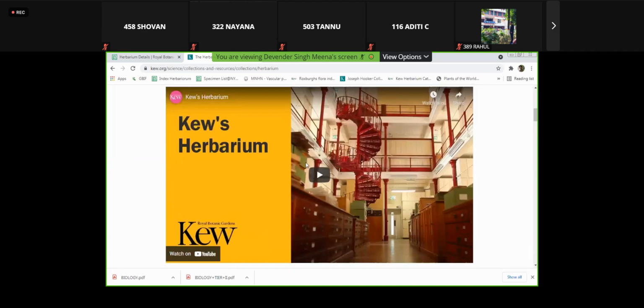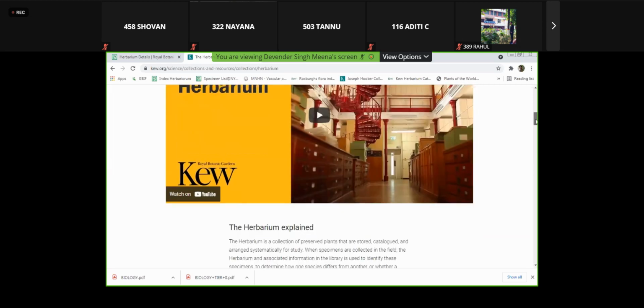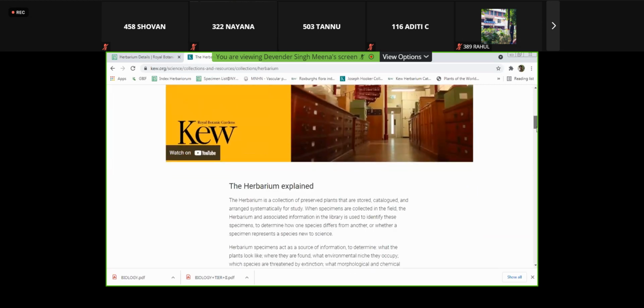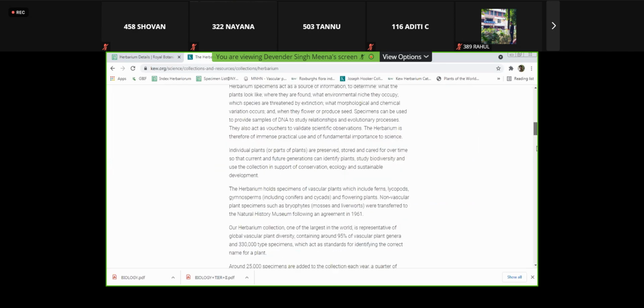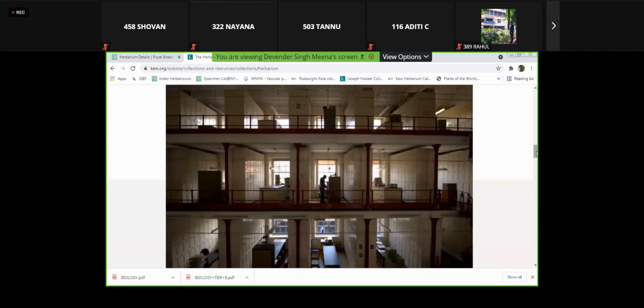So this is the Kew's herbarium. You can see the video over here. This video has also been put on YouTube, so you can explore the herbarium here. Okay, and see how multi-story platforms or levels there are, where all these cabinets are kept, and in every cabinet there are lots of specimens present.